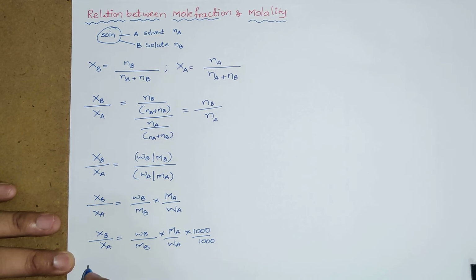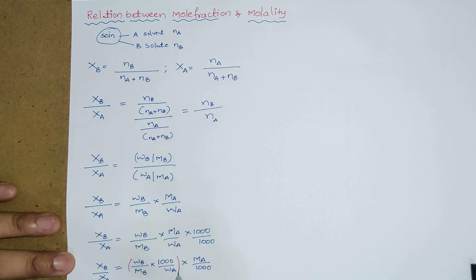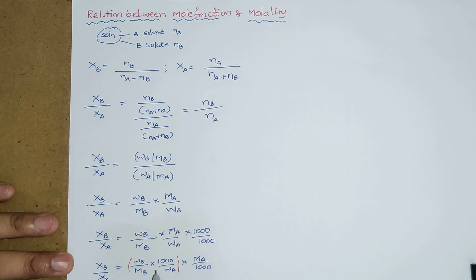Just rearranging this equation, Xb by Xa is equal to Wb by Mb into 1000 by Wa into Ma by 1000. Now this portion, Wb by Mb, weight of solute divided by molecular weight of solute, into 1000 by weight of solvent, that is molality.